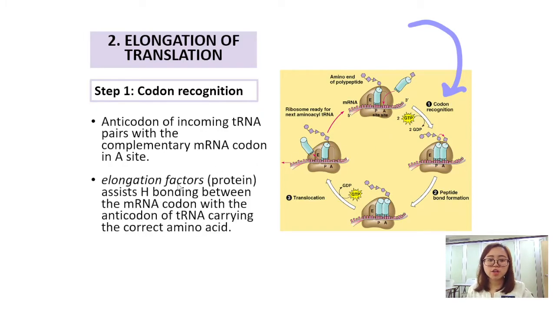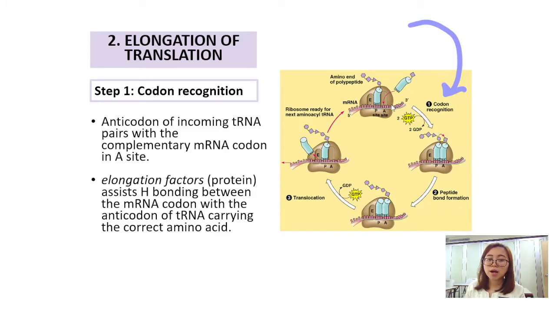You also have elongation factors or proteins that assist in hydrogen bonding between the mRNA codon with the anticodon of tRNA carrying the correct amino acid. Apa maksud poin kedua adalah dalam gambar raja ini tidak ditunjukkan, tapi ada protein-protein lain yang membantu tRNA kita untuk bind dengan mRNA.